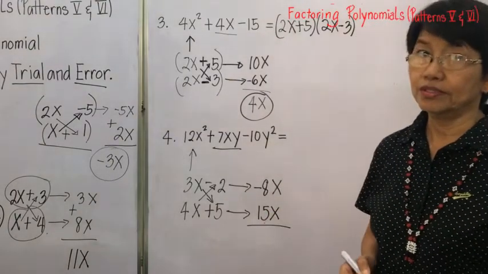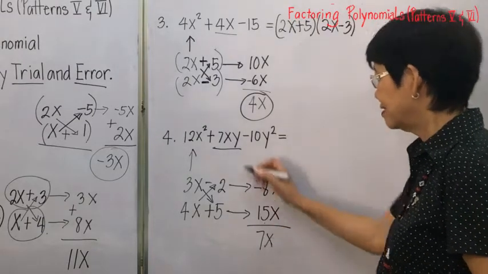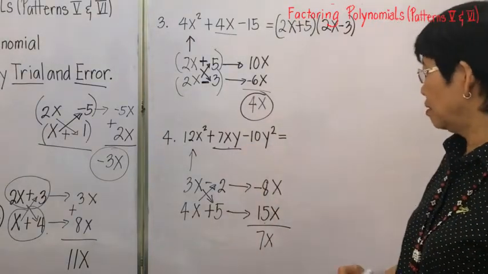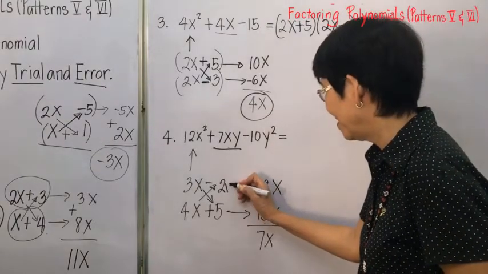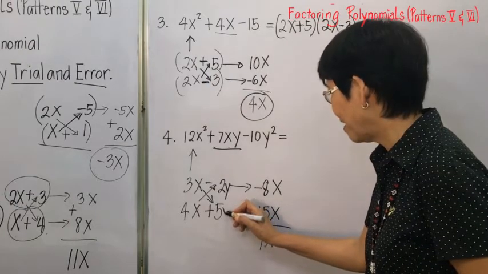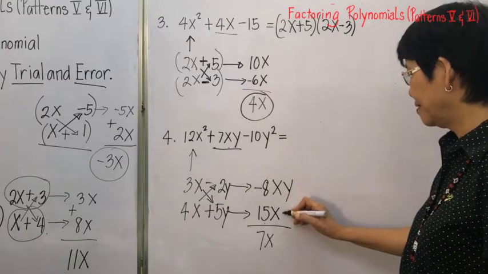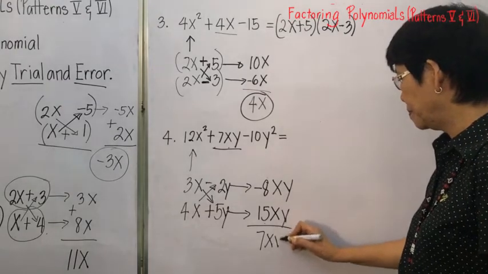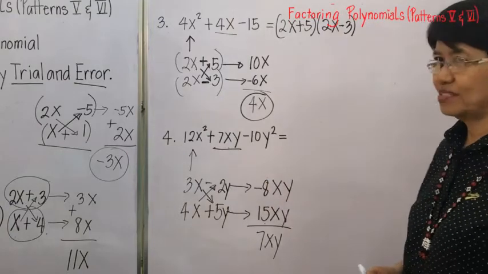So the sum is positive 7x for our, oh, I forgot the y. So this should be 2y, negative 2y, and positive 5y. So this should be xy to get the middle term, 7xy.